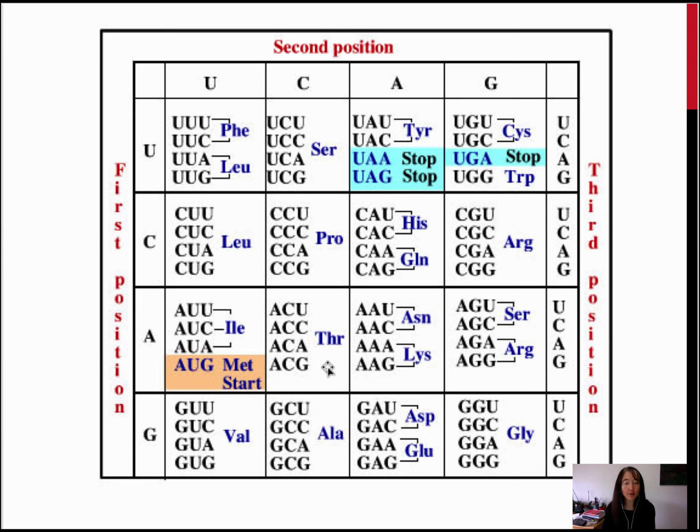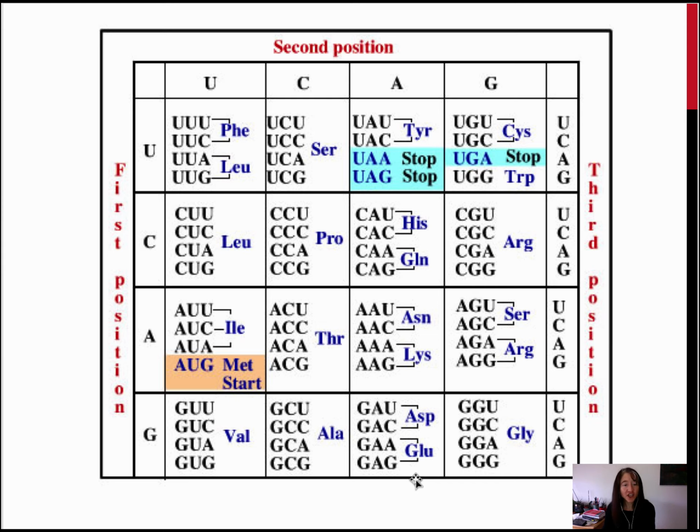So for example, if we were to look at glutamate and aspartate, our 2 superacidic amino acids, we can recognize that GAU, GAC are aspartate, but then change just that more 3' nucleotide, GAA and GAG, and glutamate is the amino acid that gets incorporated. So similar amino acids also may be a part of this sort of degeneracy in the code.